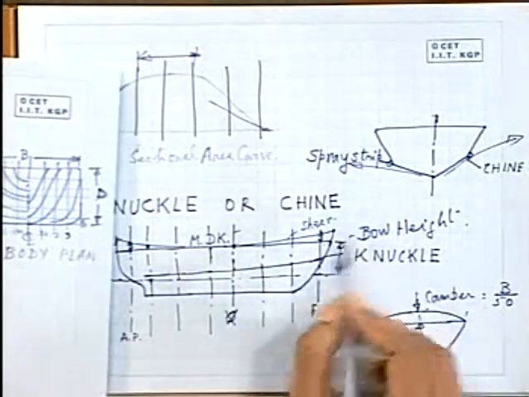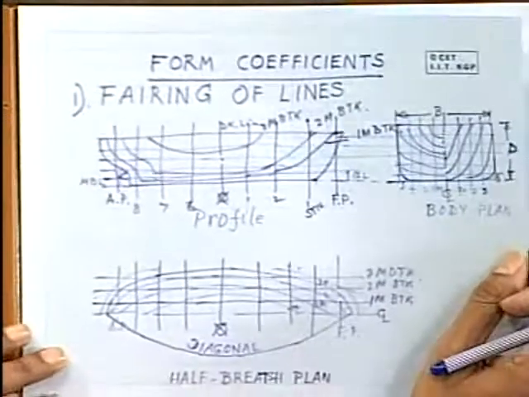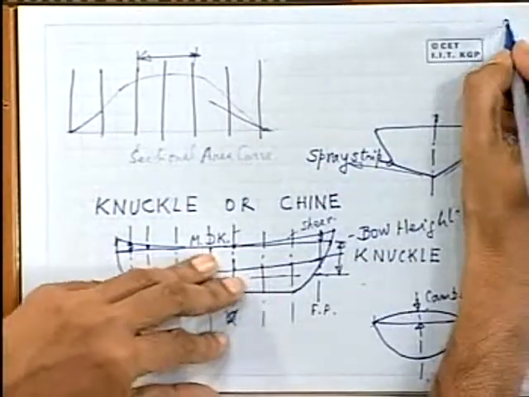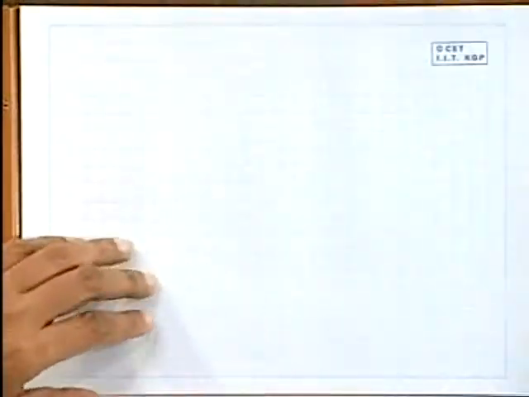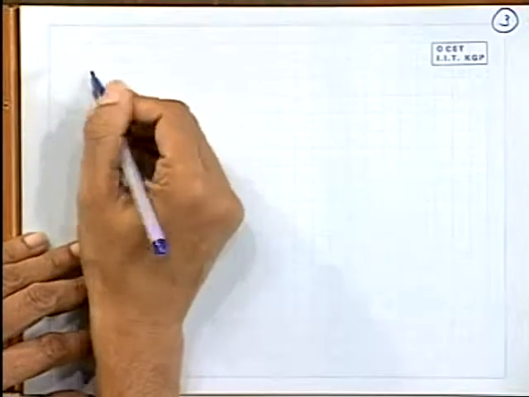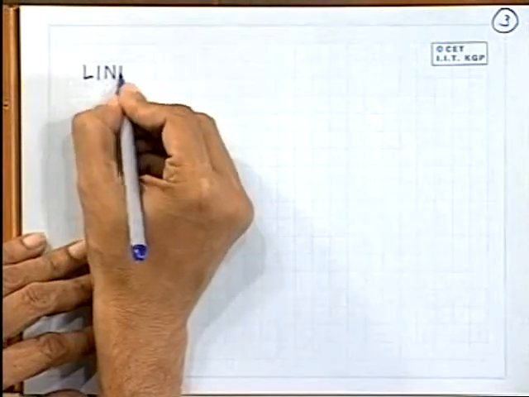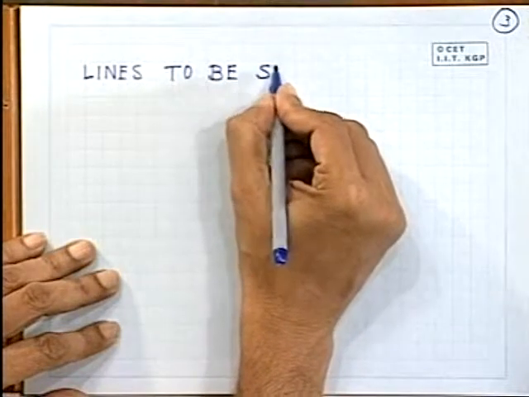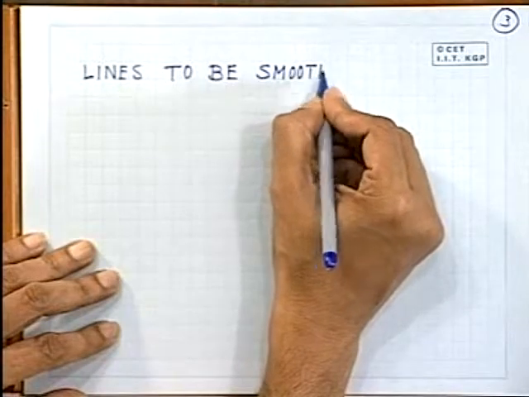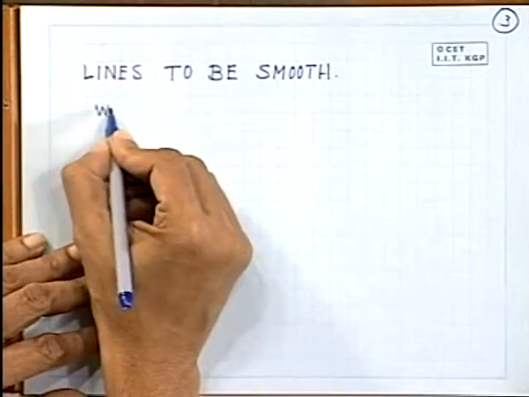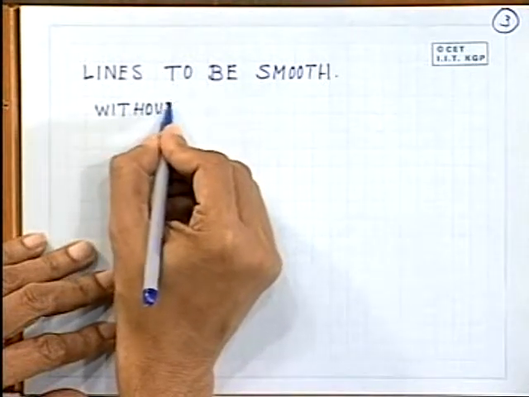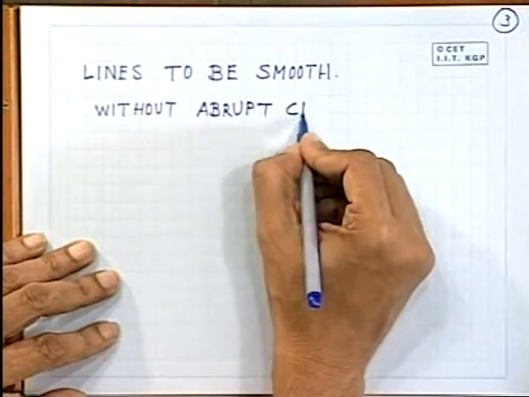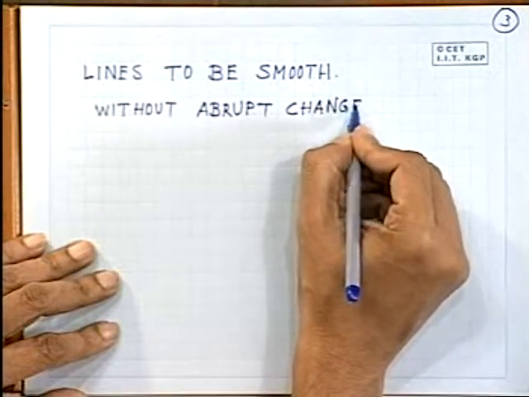So all these lines, that means your knuckle line, your main deck, your buttock lines and water lines, when one makes the drawing, one should remember the lines are to be smooth, without abrupt change in slope.